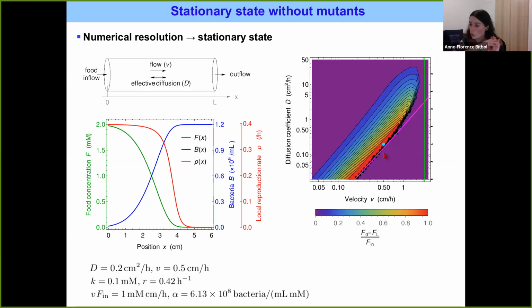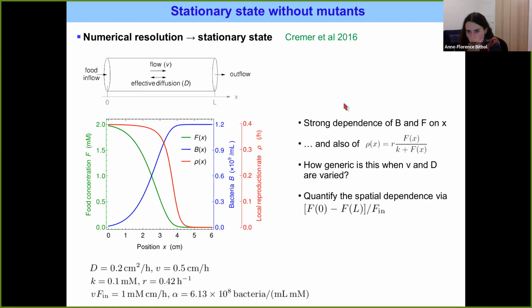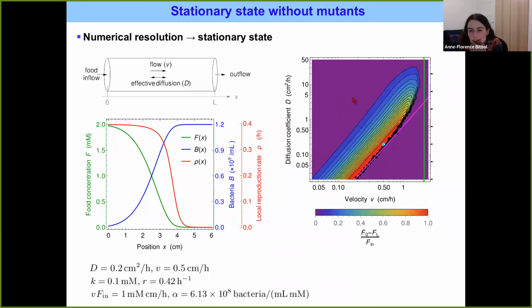Then what happens is that all the bacteria are essentially flowing out of the system. So these are in fact these limits, which are the lines here. They correspond to the case where we have everything flowing out of the system. Here we are. So there are also some cases where the profiles are very flat, but without everything flowing out.